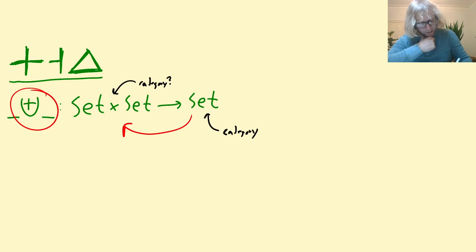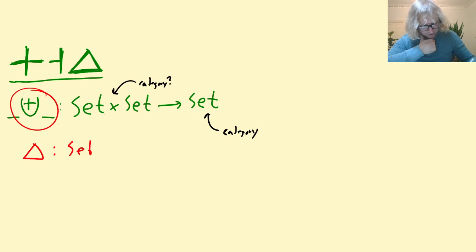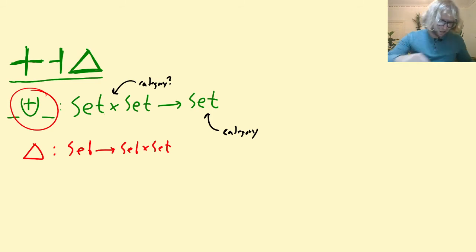Or I could duplicate the thing I have and put it in both components, right? So let's see if we can do that. So this means that we should define a functor, which is usually written delta for duplicate, which goes from set to set cross set, right? So delta for duplicate, the diagonal or whatever you want.